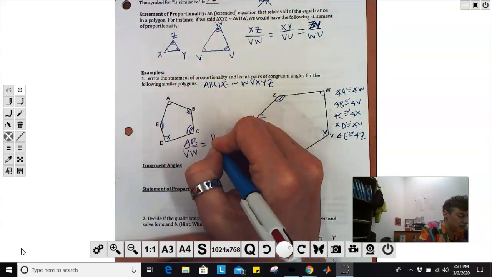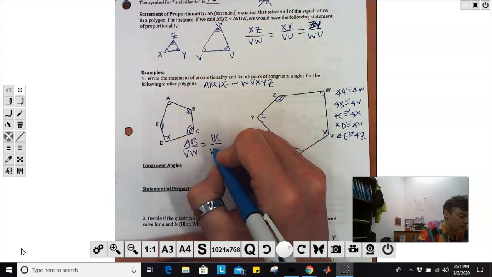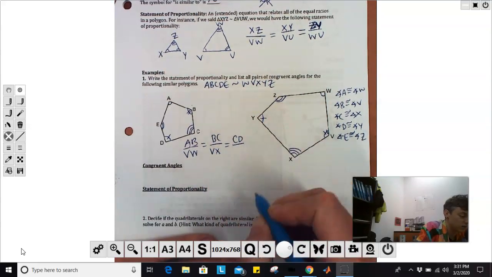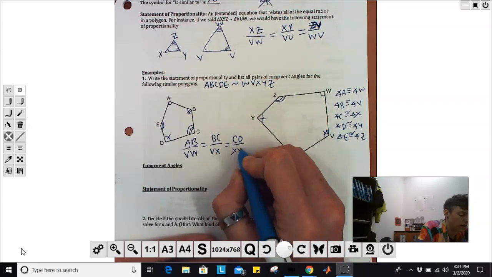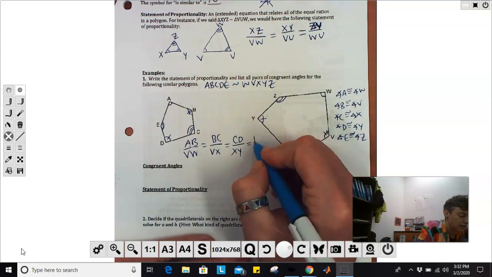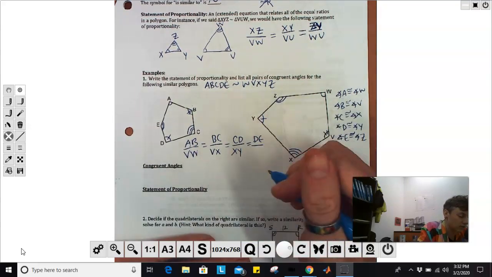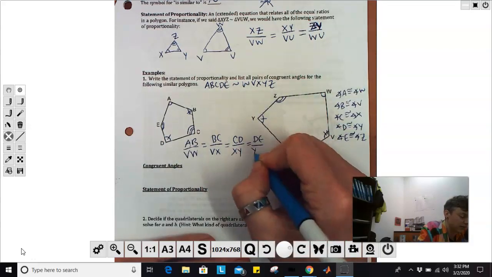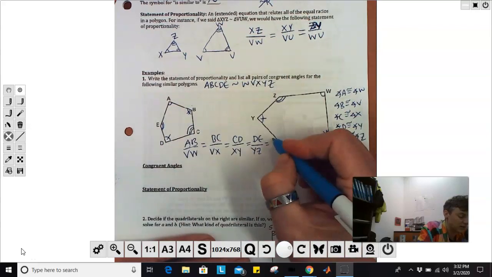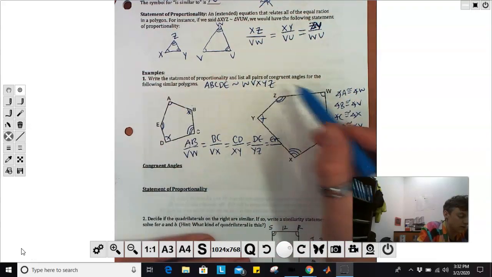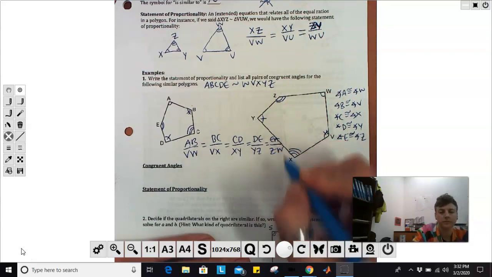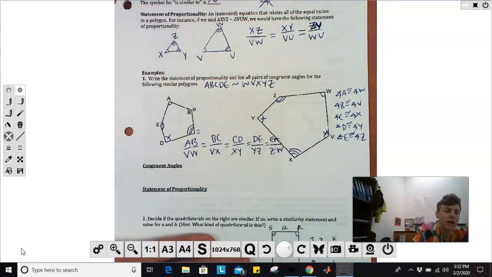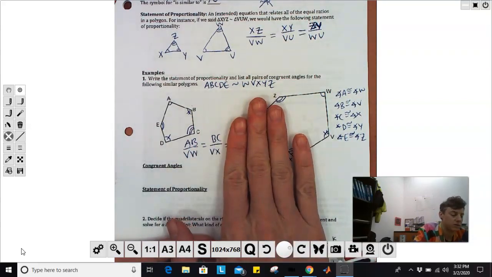Equal to BC over VX equal to CD over XY equal to DE over YZ equal to EA over ZW. So if you knew any three of these, you could solve for the fourth one. Right? If I knew any three of those, I could solve for the fourth one with my cross-multiplying abilities.